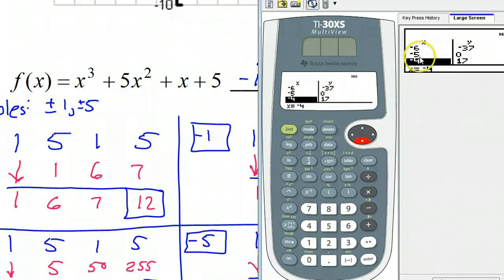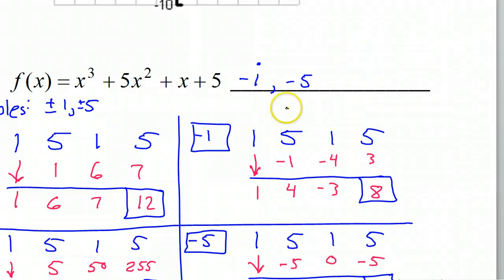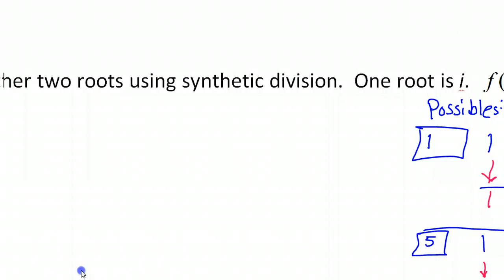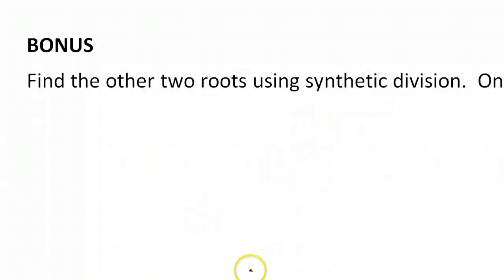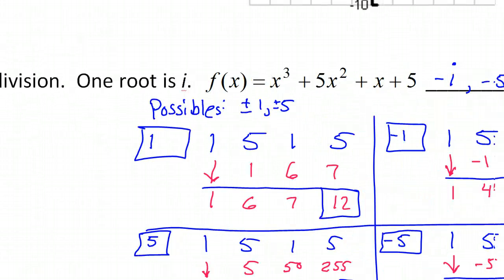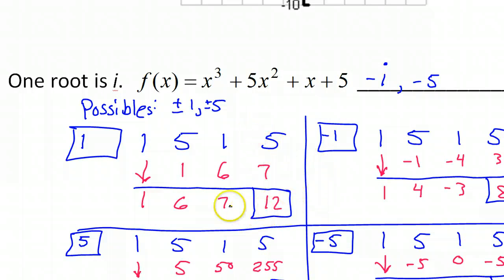So right away that tells me that -5 is the other 0. I could have done that in under a minute and just be done, but it did say use synthetic division, so for that reason you needed to go through all of this beehive.